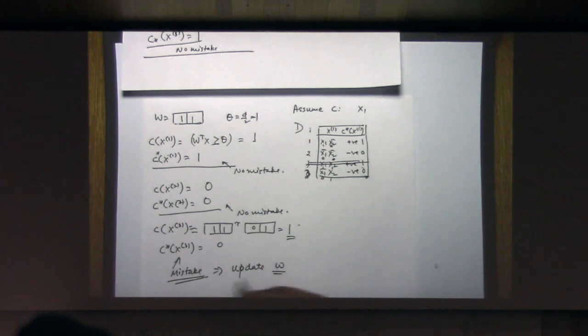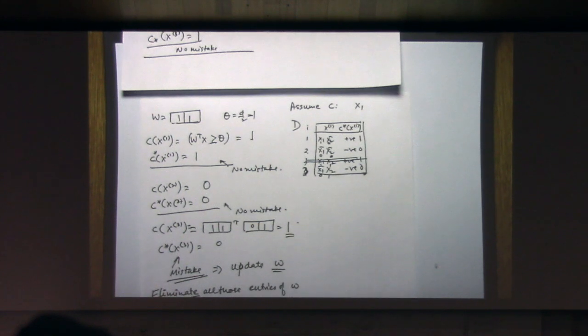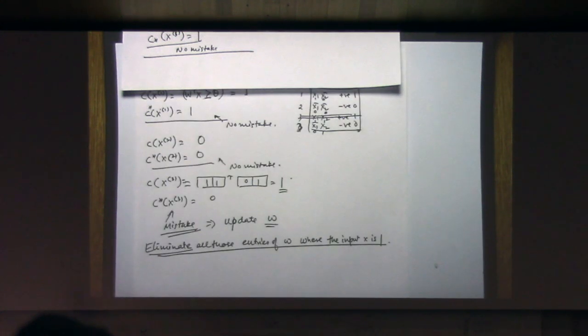We call this elimination. Eliminate all those entries of W where the input X is 1. So that's, in words, the rule.